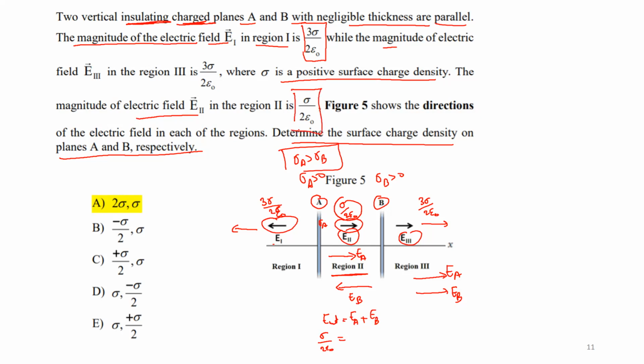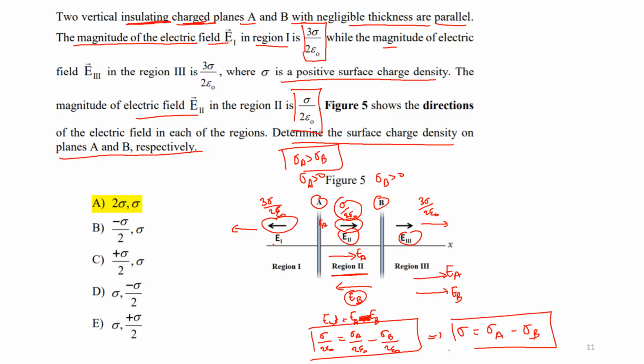In region 2, the E net is this. And this is sigma A divided by 2 epsilon naught. Be careful here, because I made a mistake. Here it's minus, of course, because EB is pointing in the negative direction. So minus sigma B divided by 2 epsilon naught. And I have my first equation, 2 unknowns: sigma equals sigma A minus sigma B. This comes from region 2.